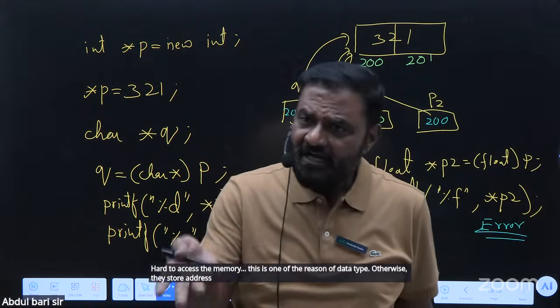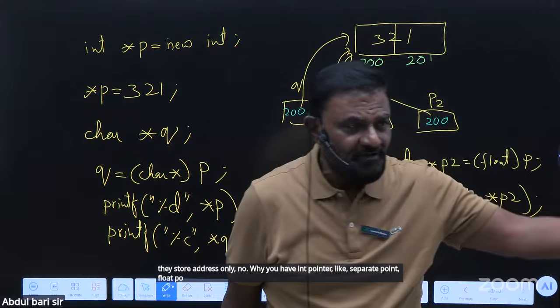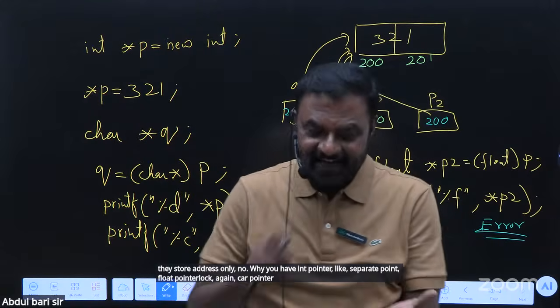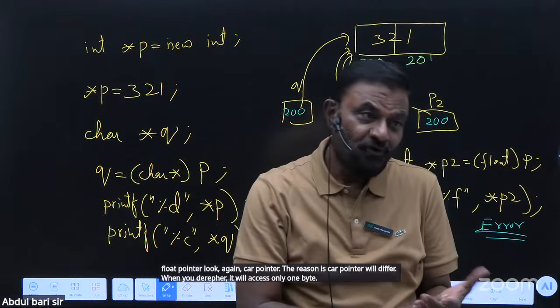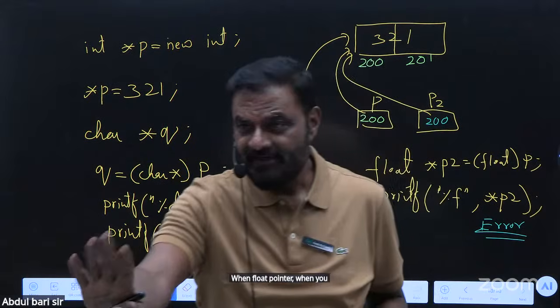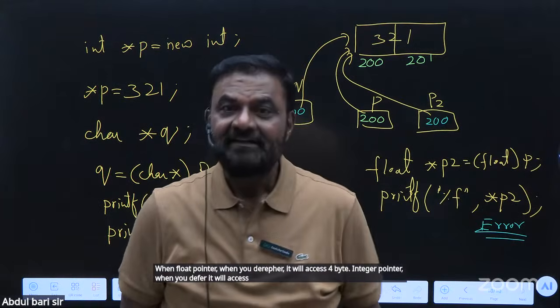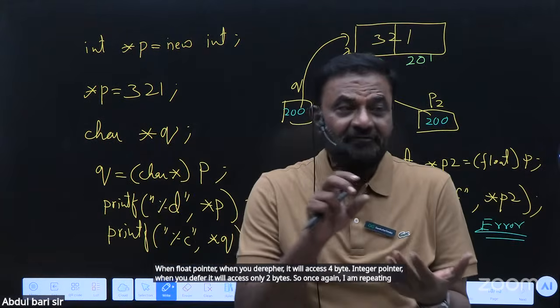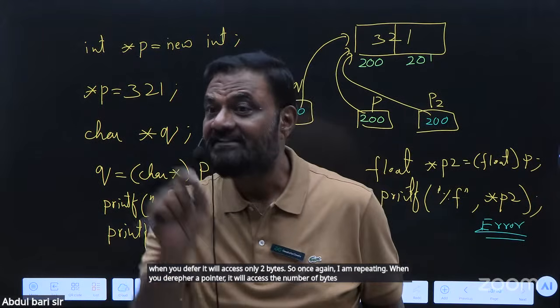Why do you have an int pointer, a separate float pointer, and a char pointer? A char pointer, when you dereference, will access only 1 byte. A float pointer will access 4 bytes. An integer pointer will access only 2 bytes. So once again, when you dereference a pointer, it will access the number of bytes depending on its data type.